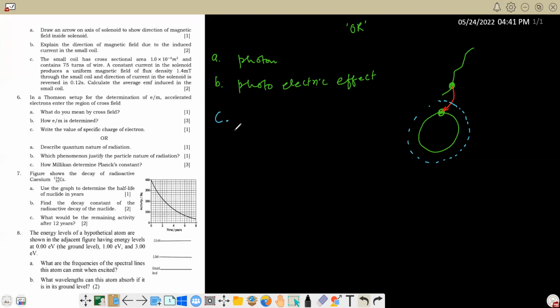In mathematics, simply from Einstein's photoelectric effect we know that the energy carried by this photon will be utilized to knock out the electron and give kinetic energy to the particle. So this energy is E equals h nu, and this is the work function.